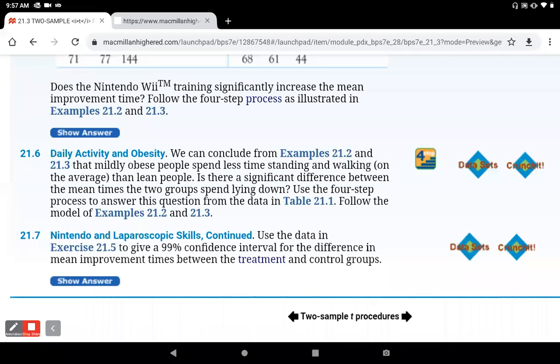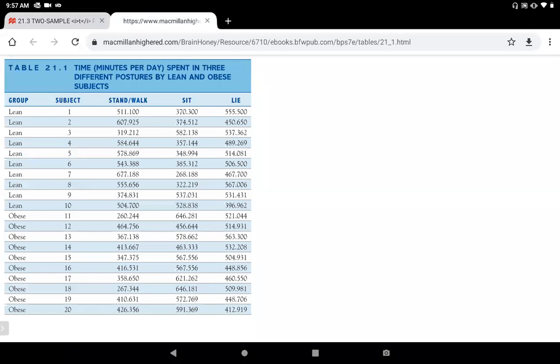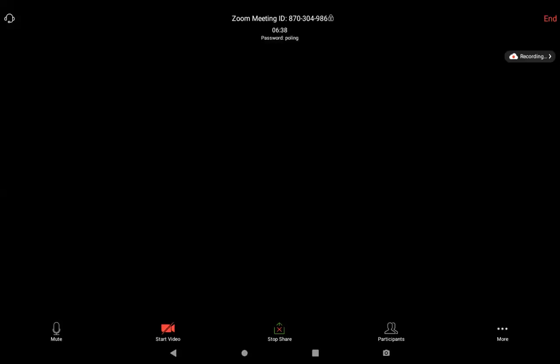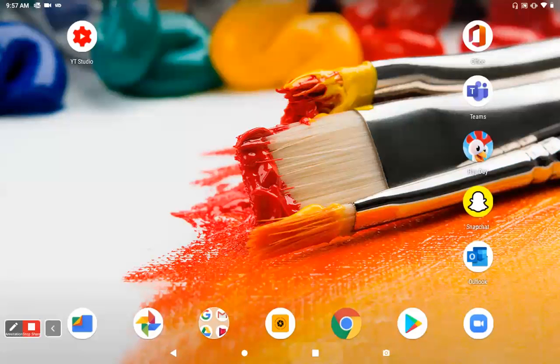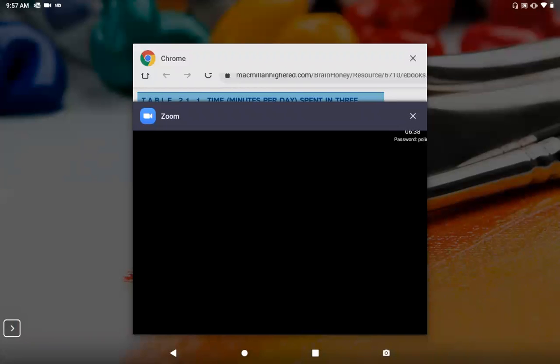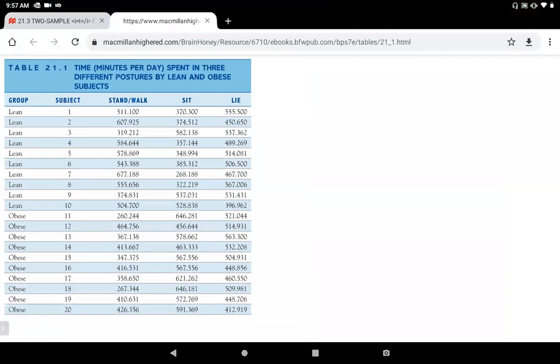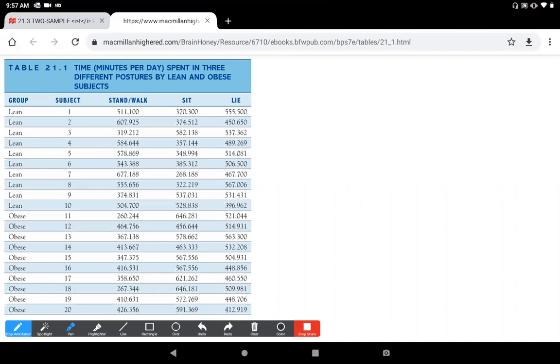We can conclude from examples 21.2 and 21.3 that mildly obese people spend less time standing and walking on average than lean people. Is there a significant difference between the mean times of the groups lying down? So they didn't talk about the sitting column at all.